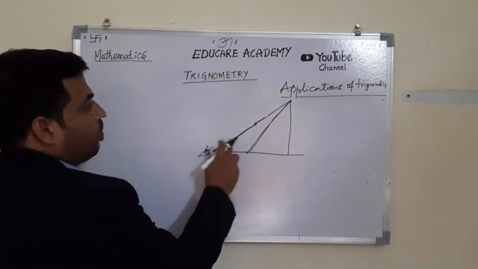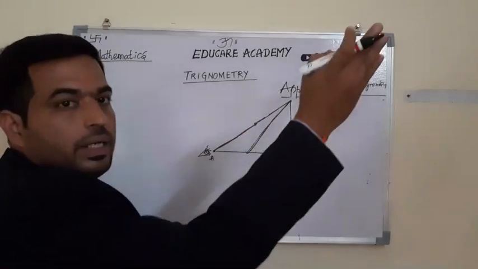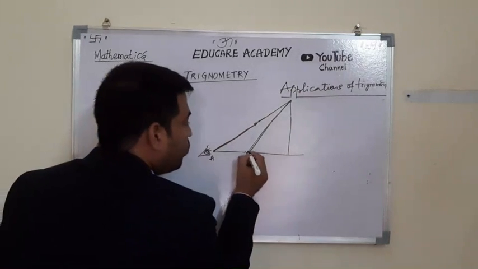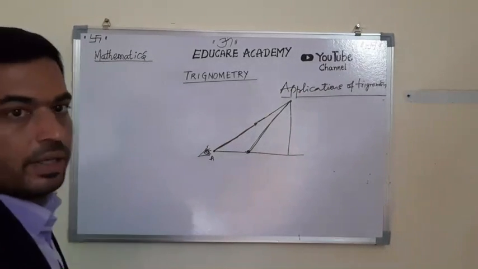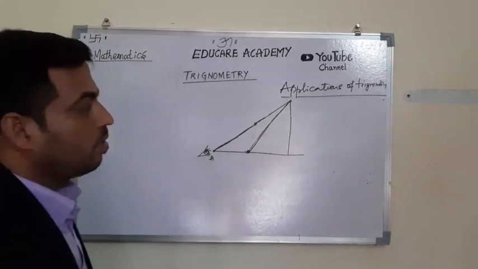So when I observe from here, this point and this point are on the same line, so the angle of elevation is the same. Now if I view from this point, the angle of elevation is a little more, right?